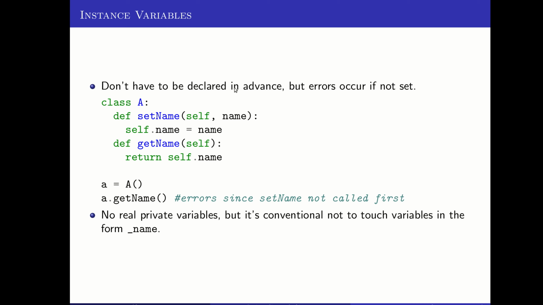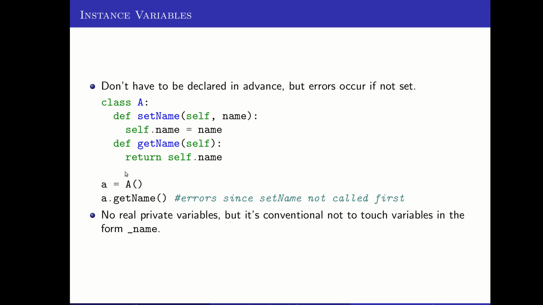You don't have to declare instance variables in advance, but if you're not careful to make sure that they are declared before you go to use them, then your program will encounter errors and say that that variable is not yet defined. For instance, this class looks good. It's got a set name and a get name, but it makes no guarantee that self.name will have a value before getName is called, and that's exactly what happens here.